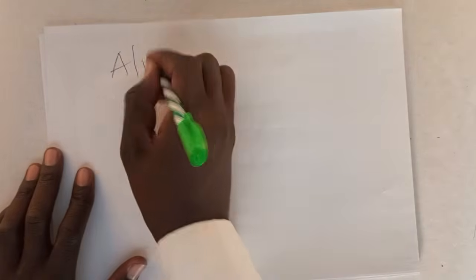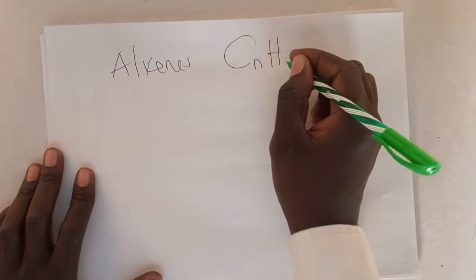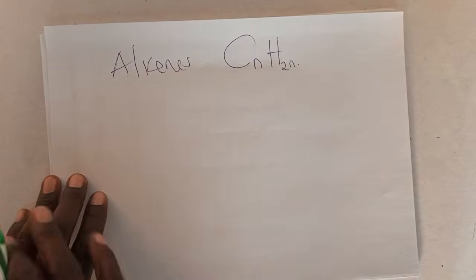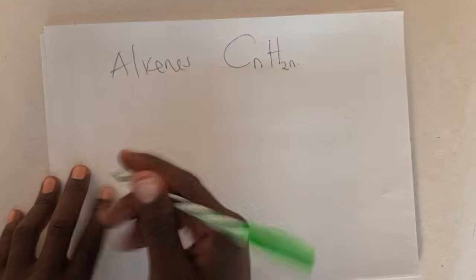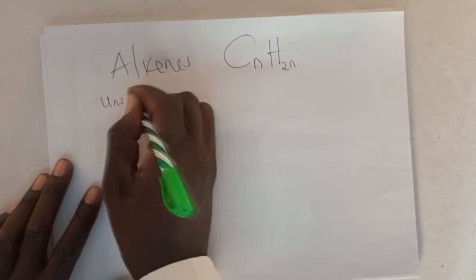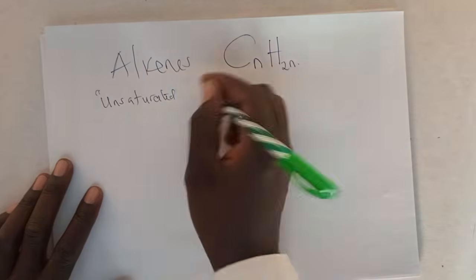First of all, what you need to understand is that ethene belongs to alkenes. Alkenes have a general formula of CnH2n, where n starts from 1. I must mention that alkenes are basically unsaturated hydrocarbons.